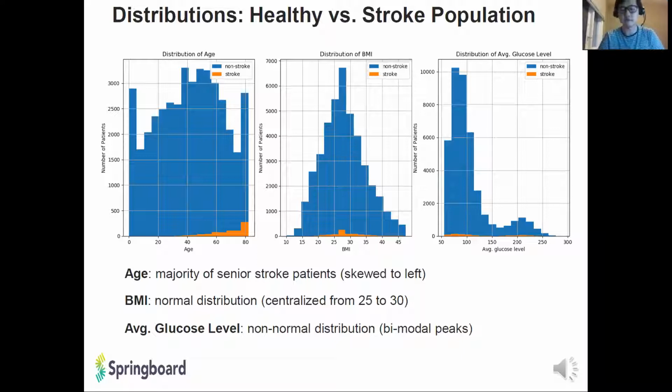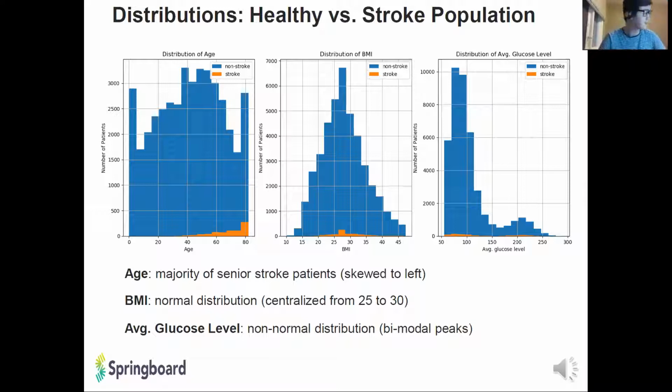The major take-home message is that in terms of age, most of the stroke patients are seniors, as you can see on the histogram with the orange coloration, because the histogram is very skewed to the left. In terms of body mass index, it was quite interesting, showing a normal distribution pattern as expected, but the body mass index range was centralized from 25 to 30, in my point of view.